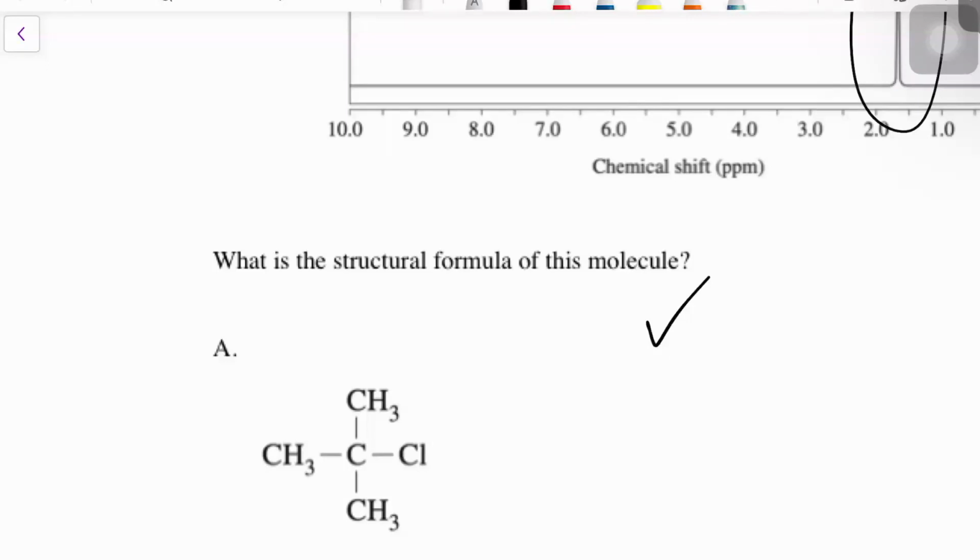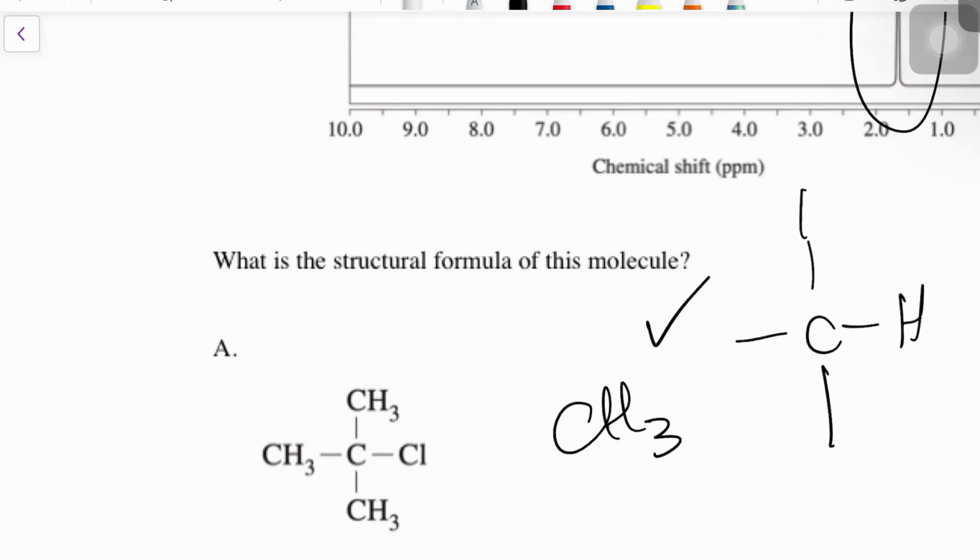So these hydrogens right here, by the way, when hydrogens are in a methyl group, like a CH3, all 3 of those hydrogens are going to have the same chemical environment because they're single bonded to a carbon, which means when you rotate it, everything looks the same.